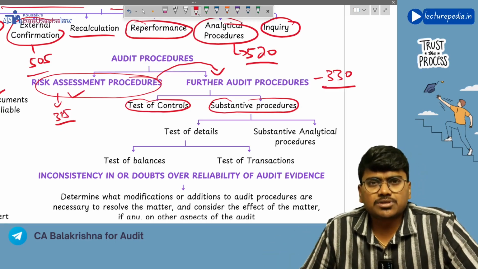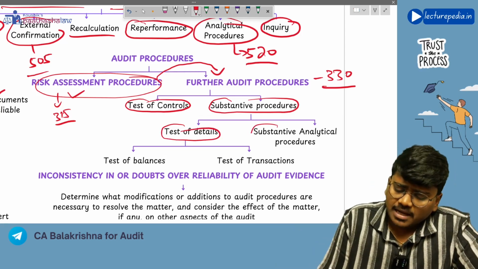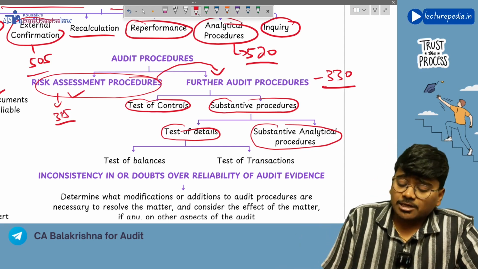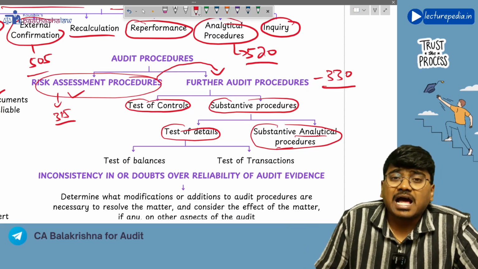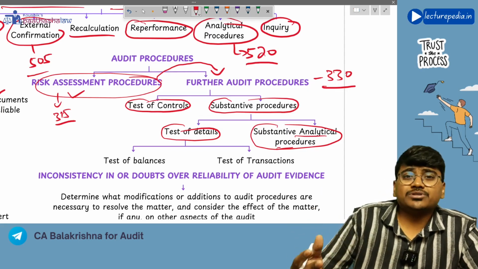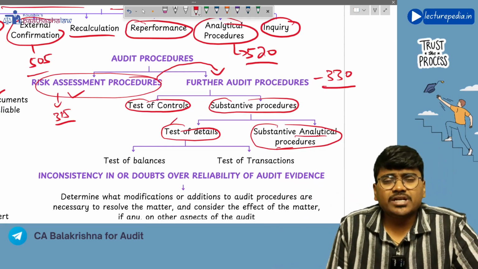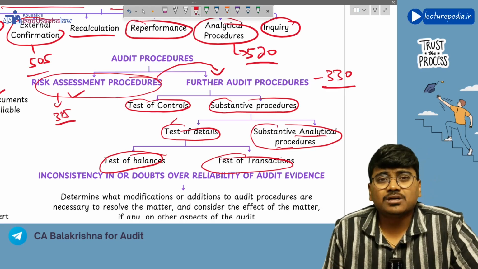These substantive procedures can again be bifurcated into test of details and substantive analytical procedures. See, the beauty of analytical procedures is that you can use them as both a risk assessment procedure as well as a further audit procedure, right? And test of details can again be bifurcated into test of balances and test of transactions.